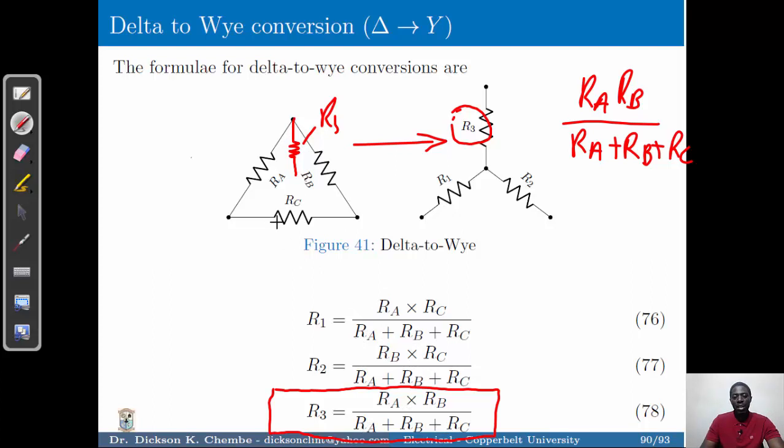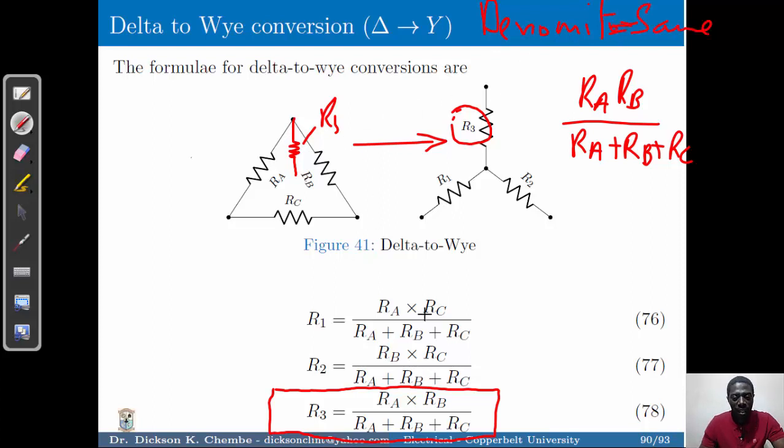And this is the same scenario that you notice when you come to R1, which is in between RA and RC. So you have RA and RC as the numerator, and then the denominator stays the same. So in this process, the denominator stays the same.